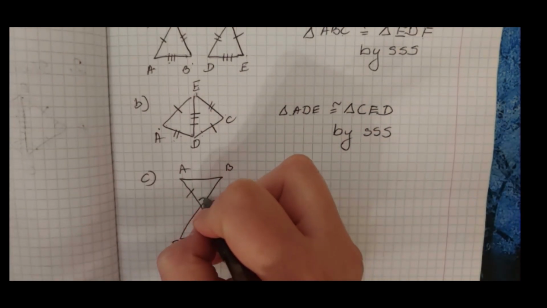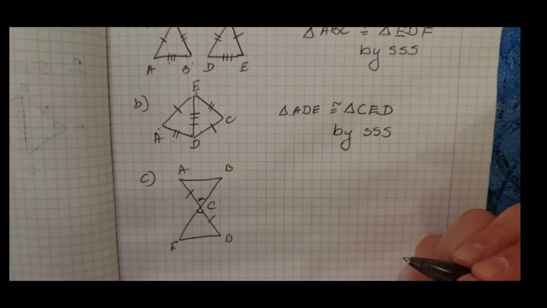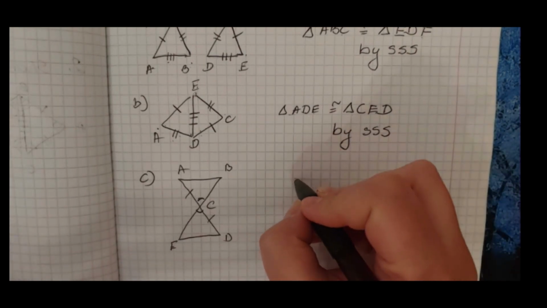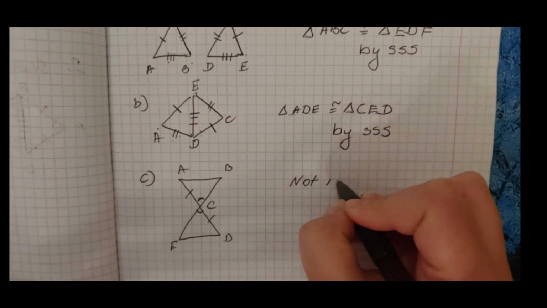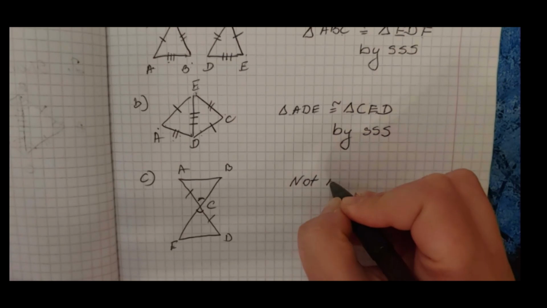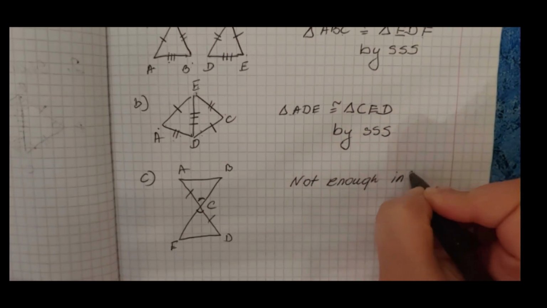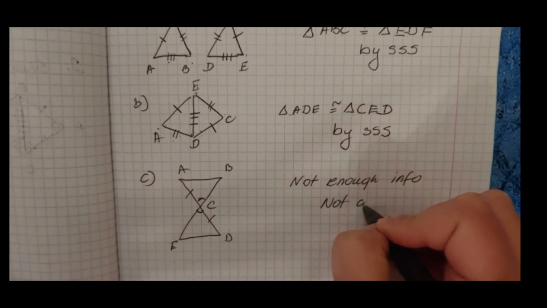I have vertical angles which I can mark, but is that going to help me have 3 pairs of sides? No. Do those triangles look congruent? Yes, but it doesn't mean they are. So at this point, I just write not enough info, or not congruent.